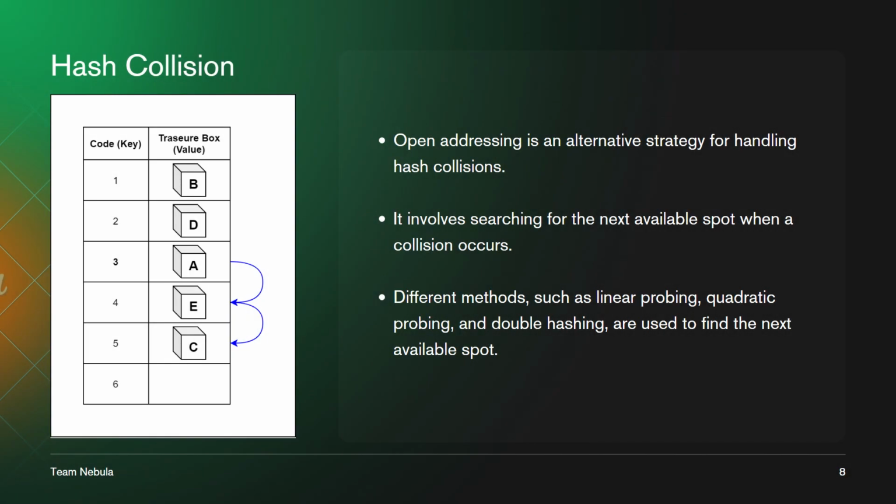Another approach is called open addressing. This is like a game of musical chairs. When something collides, we keep looking for the next available spot until we find one. It's like moving to the next chair if your favorite one is taken by someone else. There are different ways to do this, like linear probing, quadratic probing, and even double hashing.